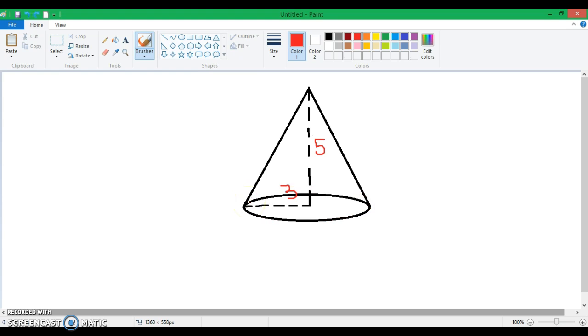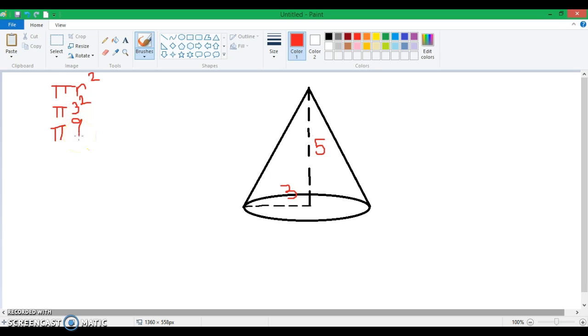Now, the formula to find the area of a circle is pi r squared. And r stands for the radius, which is the 3 right here. So we can substitute that in for pi times 3 squared. And 3 squared is 9, so that's pi times 9.